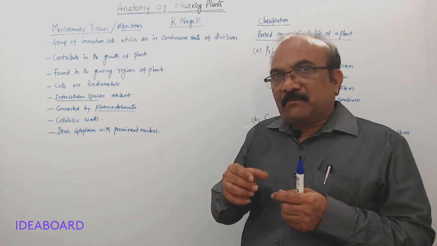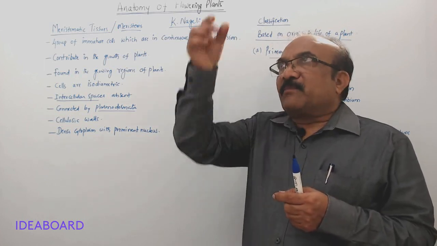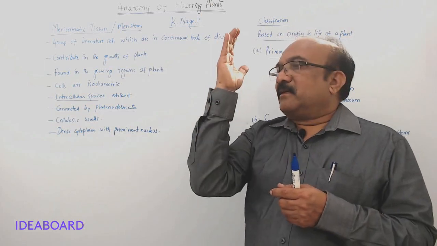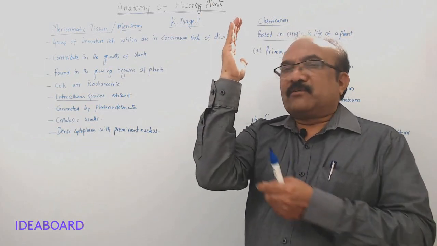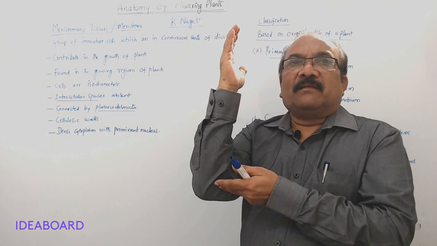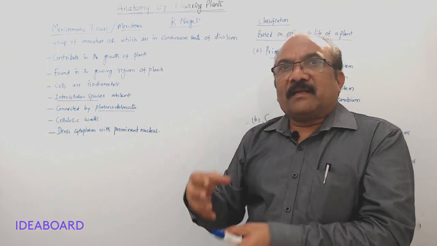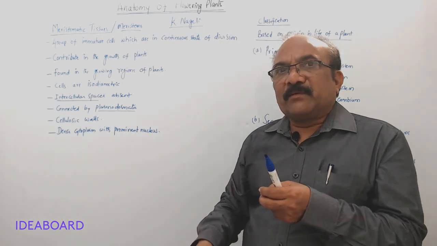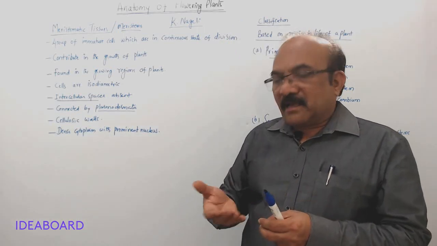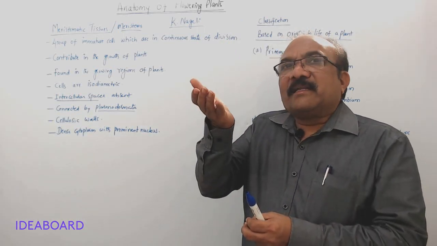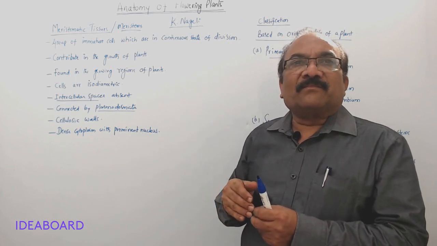But when this embryo grows into the plant, when that embryonal axis, which has the radicle and the plumule, grows, the radicle grows downwards and makes the root system, and these tissues will be pushed downwards as new cells are added in the upward direction in the root.